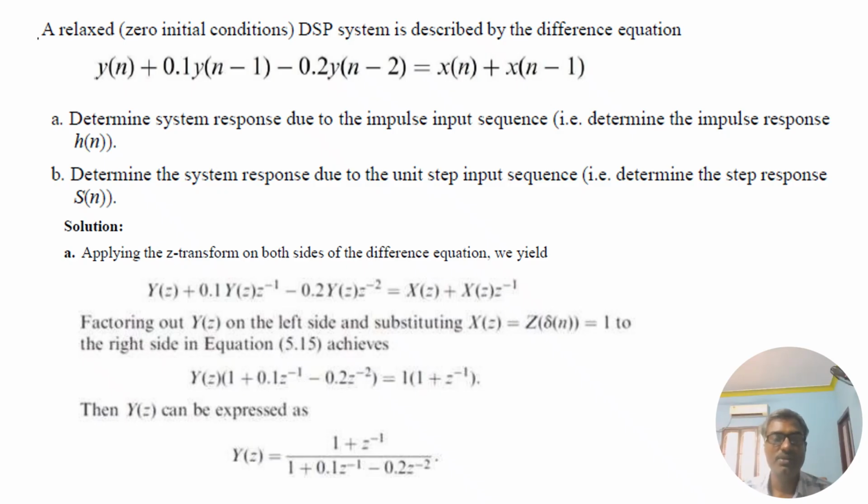Then we find the ratio of Y of z by X of z. The ratio is 1 plus z inverse by 1 plus 0.1 z inverse minus 0.2 z power minus 2, because here X of z equals 1.